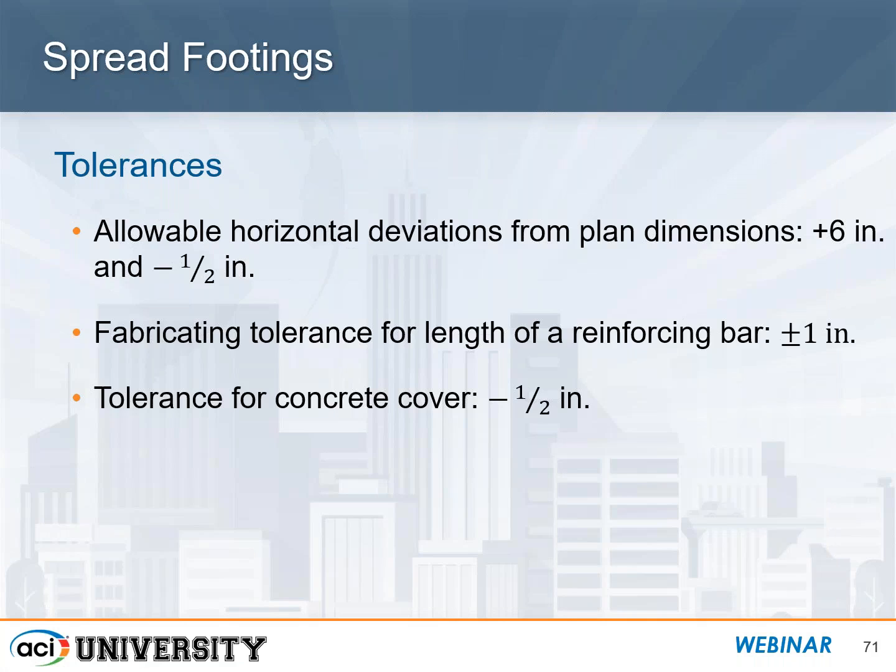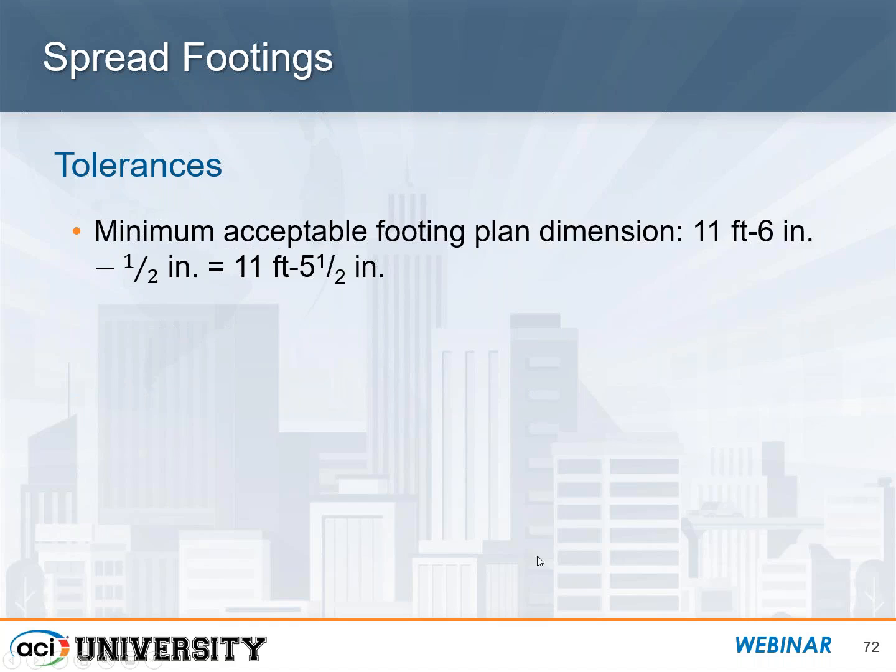ACI 117 has an allowable horizontal deviation from the plan dimensions for footings, and for this particular size range, it could be as much as 6 inches or as little as ½ inch. Our fabricating tolerance for the length of the bar, again, is ±1, and we have a tolerance for the concrete cover of -1/2. So what happens if we have this all come together?